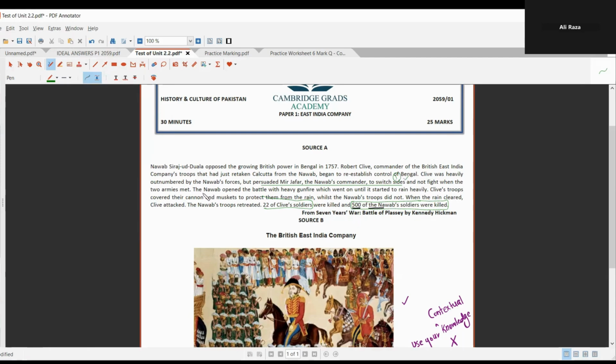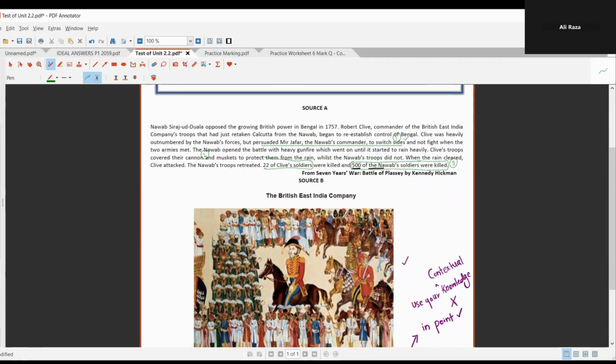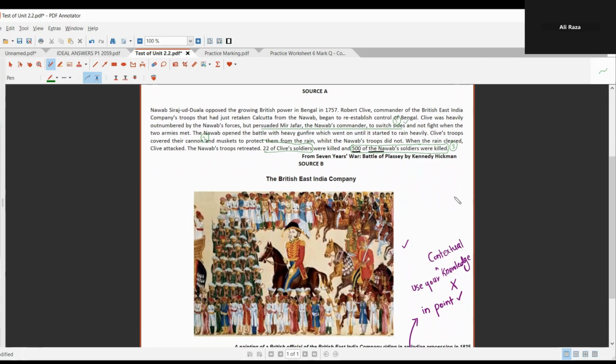The ability of Robert Clive's troops to cover the cannon when it rained, and after it stopped raining, the cannons of the British were able to outfire and almost killed Nawab's 500 people, which weakened the Nawab's army.